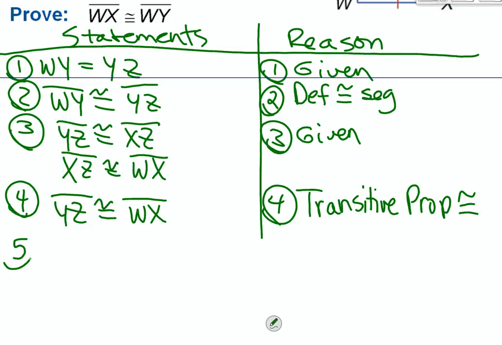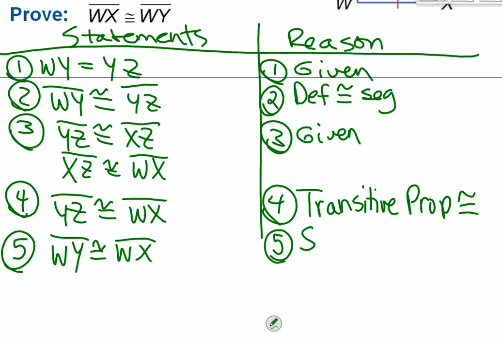And so in place of segment YZ, you're going to read this one, Shelby, and then just the rest of this. So you're replacing that into right there. Segment YW is congruent to segment WX. And remind me what that reason is when you replace something with something congruent. Substitution.